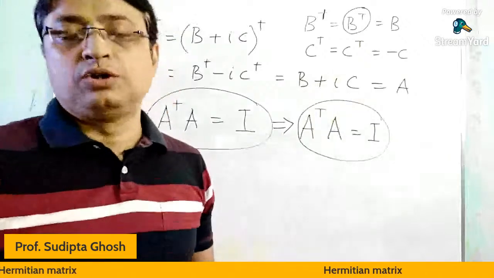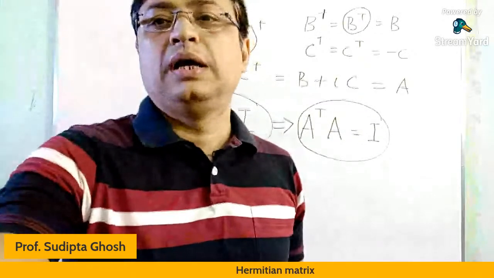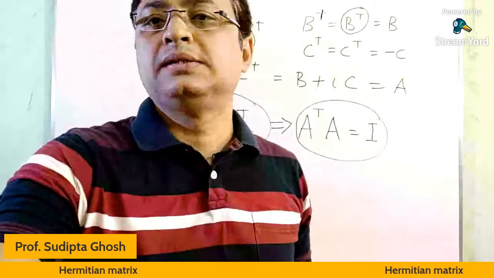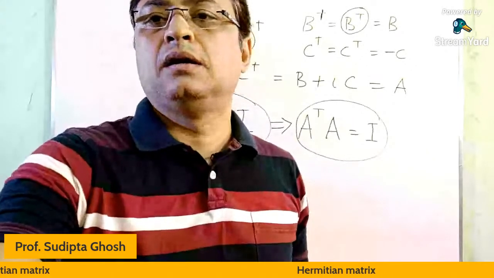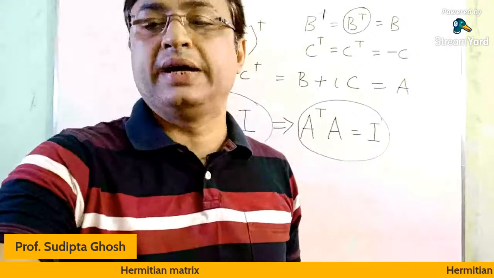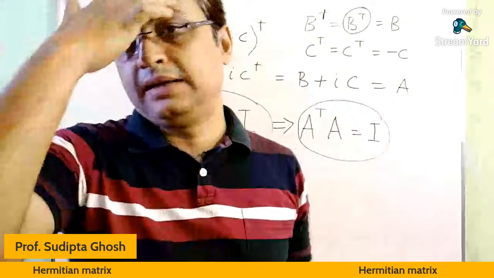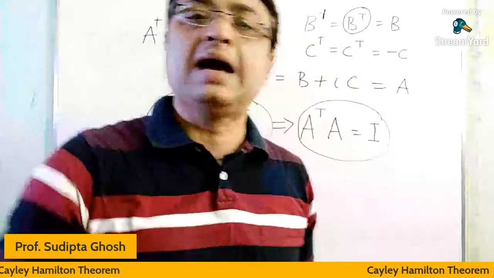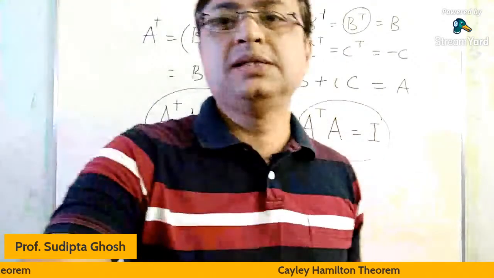Now let's move on to an important topic of your syllabus, that is eigenvalues and eigenvectors, or rather I think first of all we should go for the Cayley-Hamilton theorem. Now this is an important topic.